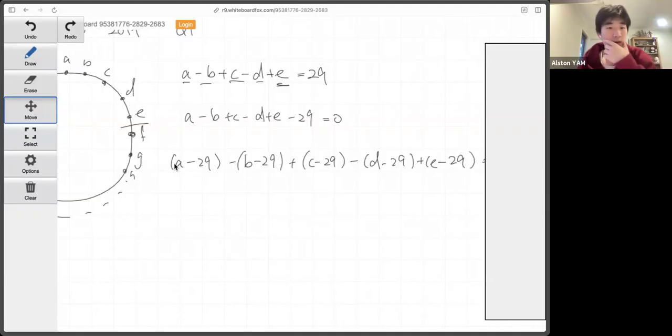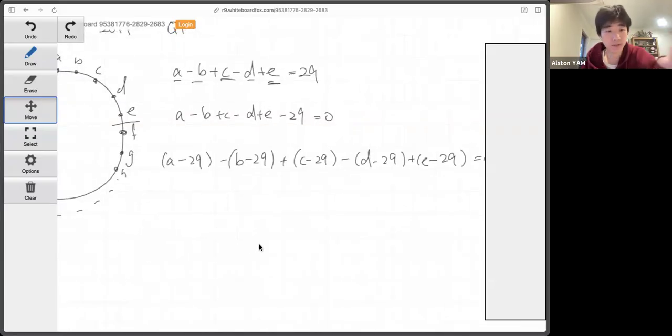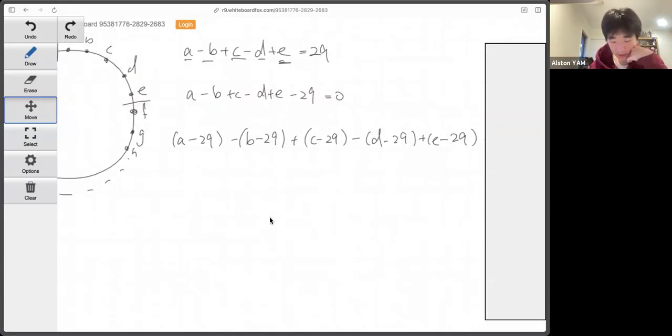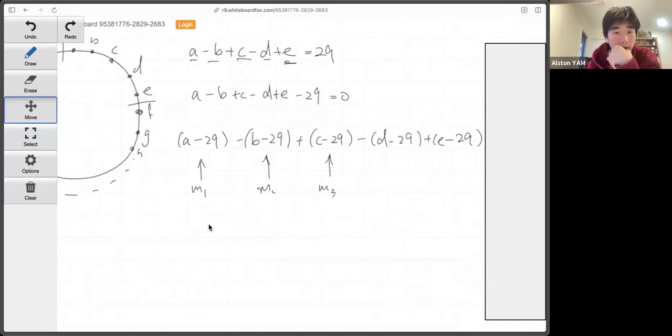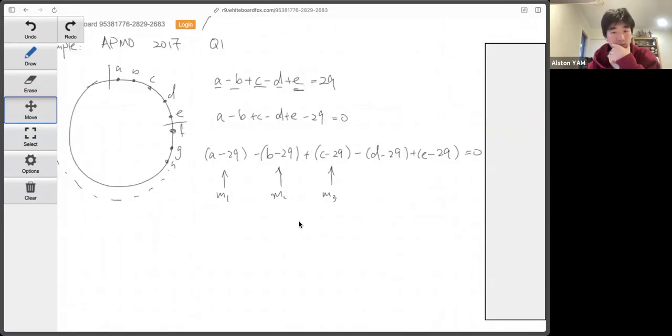Okay, so that's one of the things. I can take away 29 from each of these spots on the circle, which I can call nodes, and the result will still be true. So I can make the substitution: M1 is this, M2 is this, M3 is this, etc. And our task right now is to prove that all of the M's must be 0, right?